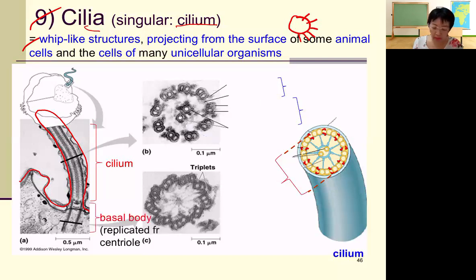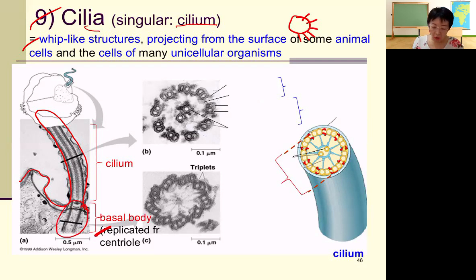At the base of the cilium, where you can find the centriole, it is called the basal body. So the centriole function here is for the anchorage of the microtubules from the cilium. The basal body is replicated from the centriole, so it's formed from the centriole. This is the basal body here.